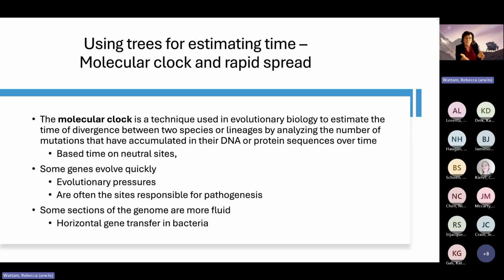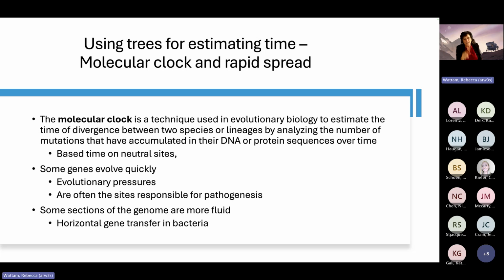Some genes are evolving more quickly. There are evolutionary pressures like the host immune response that can put these organisms under pressure. It doesn't matter if you're a bacteria or a virus or a bird or an insect, you want to survive. So they're all responding to pressure so that they can survive.